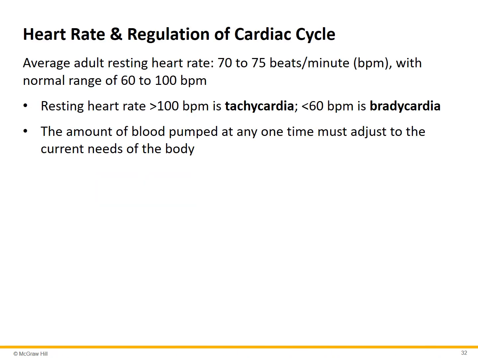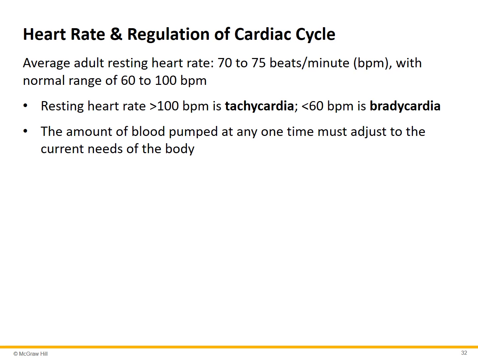Right, so we said that the average adult resting heart rate range is like 70 to 80, a good average 75 beats per minute. You could have individuals again that are very athletic and have a very low resting heart rate, so theirs might be around 60.